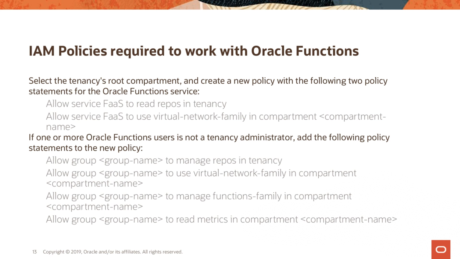If you are not part of the administrator group, you can also create a specific group of functions users, and then you need to write a set of policies for that group. In this slide, you see an example of these four policies that you need to write. But if you're a part of the admin group, you just need these two.